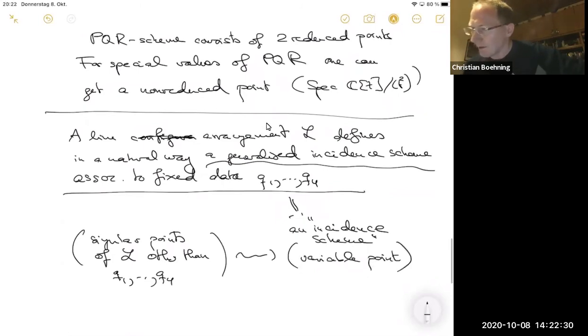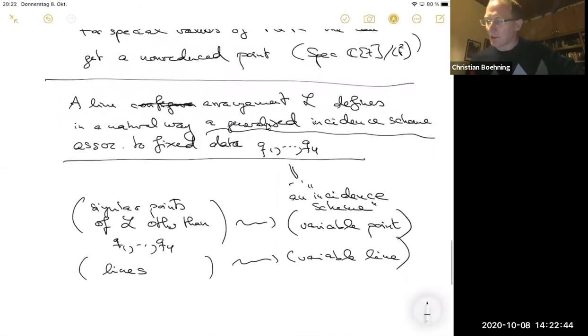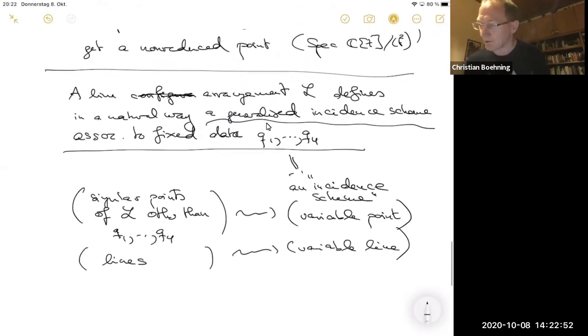And to each line of the arrangement, I introduce a variable line, and then I impose the incidences that are given by the line arrangement, and that's it. So that's the obvious way in which a line arrangement defines a generalized incidence scheme associated to these fixed data Q1 up to Q4.